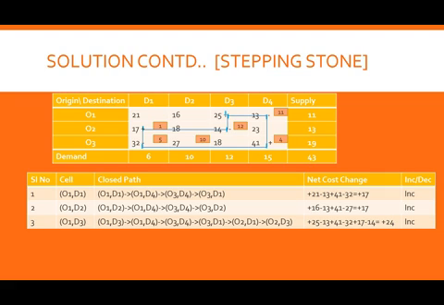Starting from the original position, plus, minus, plus, minus, plus, and a minus. So the loop is O1D3 to O1D4, O1D4 to O3D4, O3D4 to O3D1, O3D1 to O2D1, O2D1 to O2D3.